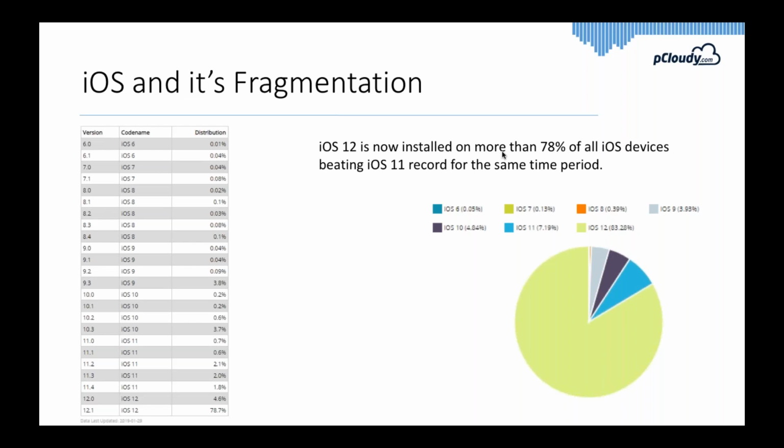And Apple pushes you to upgrade to the latest versions as soon as they release. However, for iOS 12.0 or 12.1 itself, there are multiple devices with different form factors, older to newer devices, which still creates fragmentation issues.